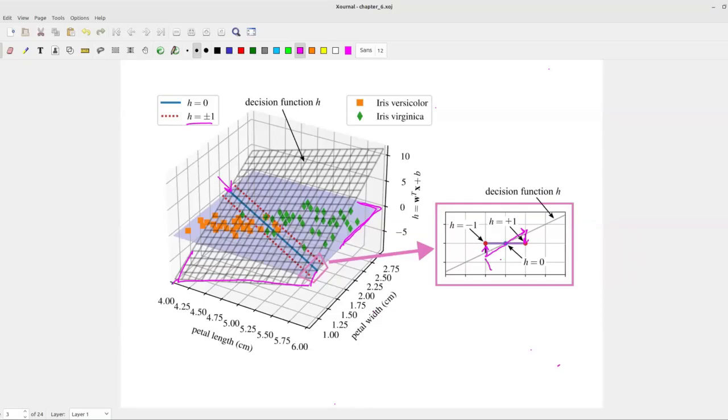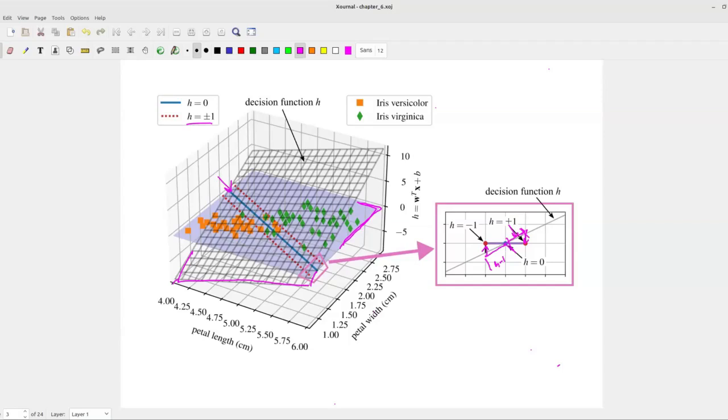So this distance here is H minus 1, and that distance there is H plus 1. So that illustrates the decision boundaries of the system. Where the decision function equals 0, that's the straight line, and then plus or minus 1 are parallel to the decision boundary, forming the margin around it, right?